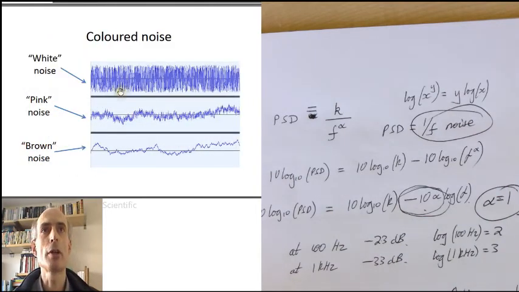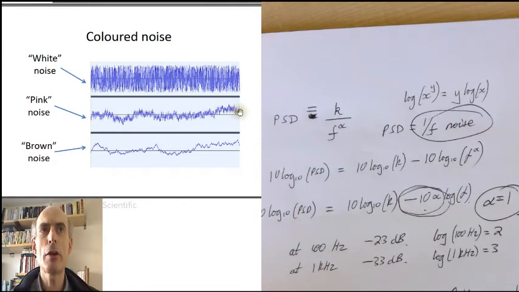This is what it looks like in the time domain. White noise looks like this. Very rapidly changing noise, and it can take any value. Pink noise looks like this. It moves rather more slowly between its minimum values and its maximum values. There is what looks like very high frequency noise, but there are low frequency movements as well, quite slow movements up and down.